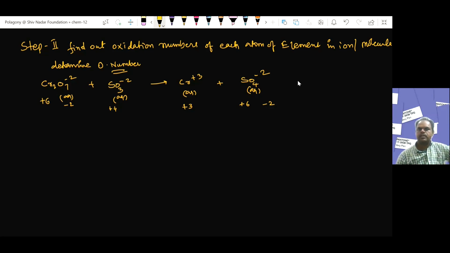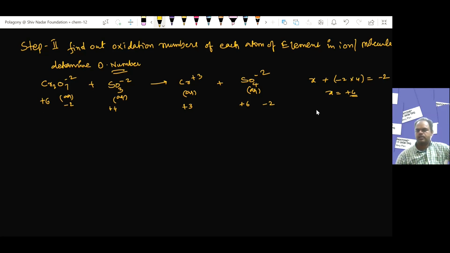If you want to find the sulfate oxidation number, assume sulfur to be X, and oxygen is -2 multiplied by 4, which is equal to -2. So the X value will be +6. So make an algebraic expression, and then we find the X value, that is the oxidation number.